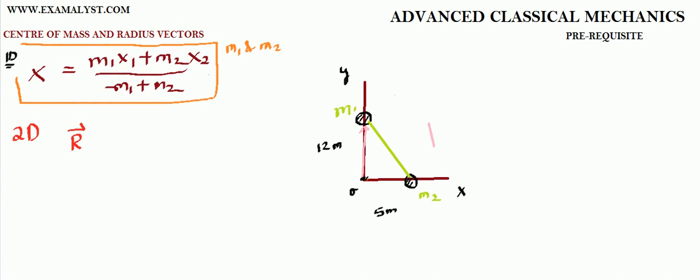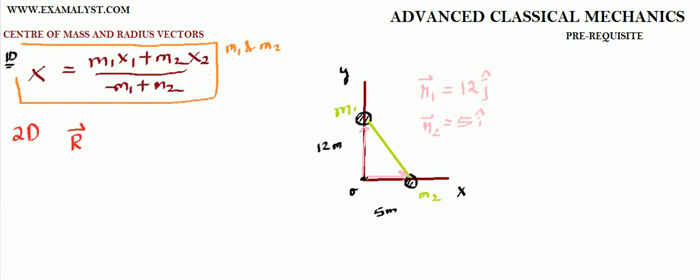Interestingly, this radius vector can be written in terms of magnitude as 12 and direction in the j cap direction. The second ball is represented by r2, whose magnitude is 5 and it is in the x direction, that is i cap. This is the radius vector of the second ball.